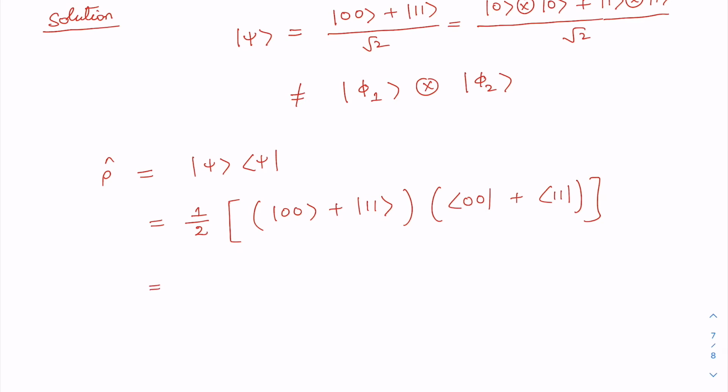If I now open it up, then I will have half ket 0 bra 0. You see, for this first qubit, I will take the direct product with the first qubit of this term here in the bra.